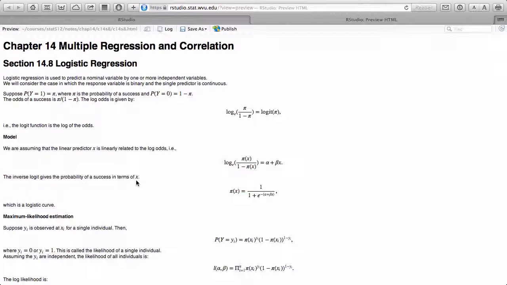What we're going to focus on here is the case where we have a binary outcome, but the predictors are continuous. And that's why it's regression, in the sense that you want to predict the binary outcome. And I'll explain what I mean by that in just a moment.